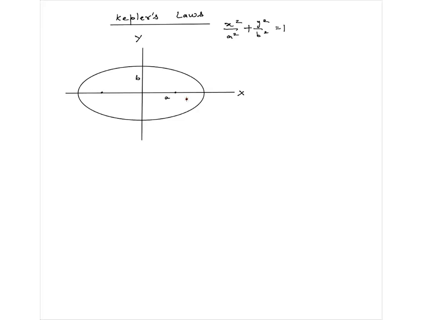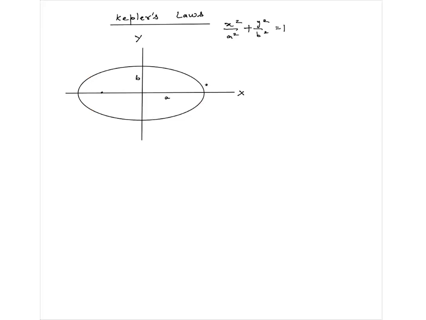The second law says, now suppose I fix the Sun here. Out of the two foci, I choose the left one. So the planet is moving around the Sun like that.